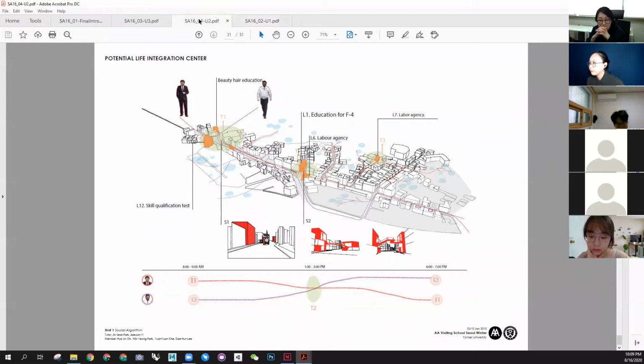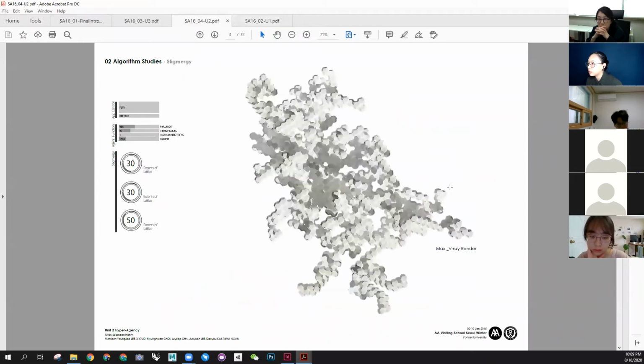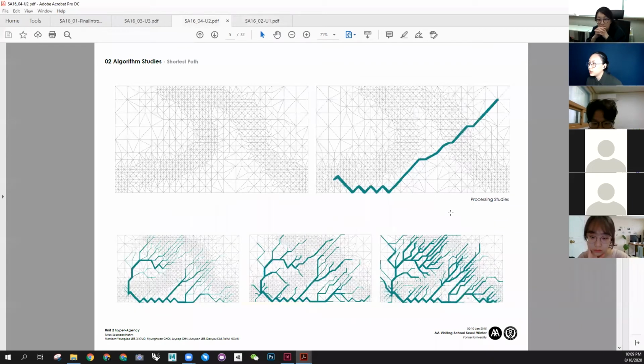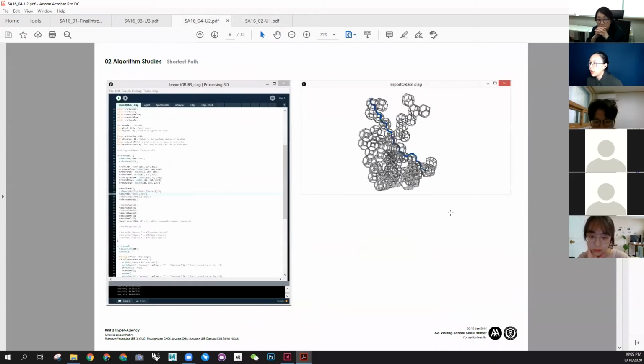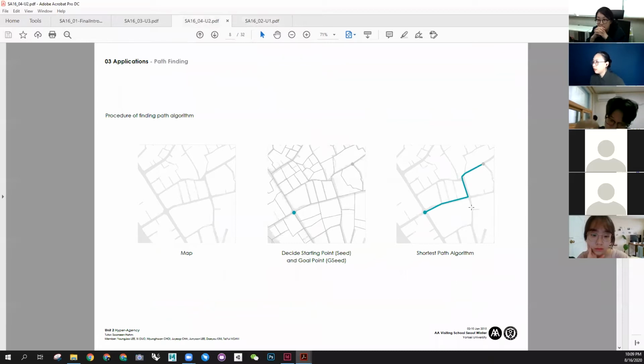And then my unit started to look at different algorithms, but in a way to use these algorithms to engage with urban analysis a little bit more, instead of being purely formal.